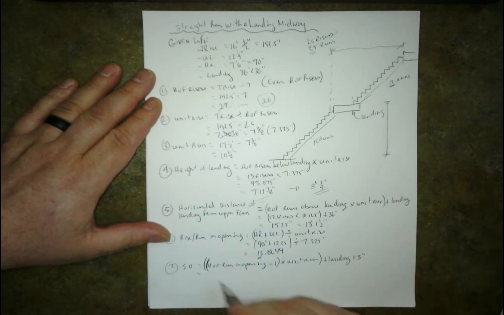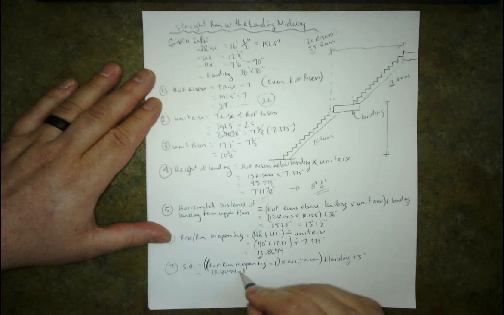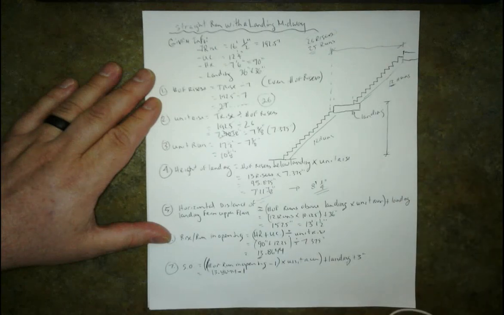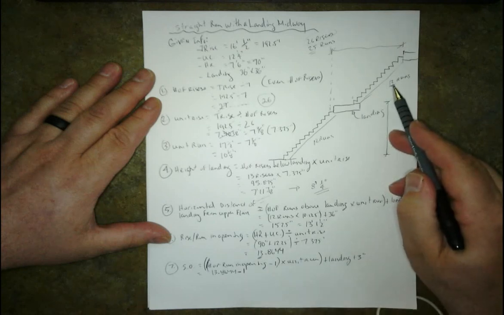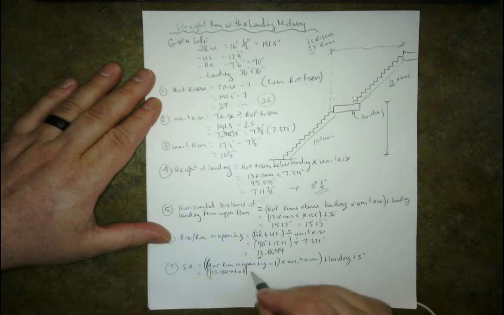So if we're actually writing down the numbers here, number of runs in the opening, we actually have 13.8644. We're going to minus 1 because that number there is smaller than that one. So you're only going to minus 1 if that number is smaller than that one. And then from there, we'll multiply that by the 10.125.